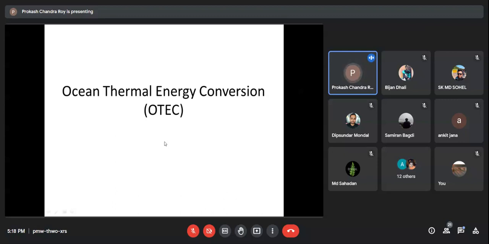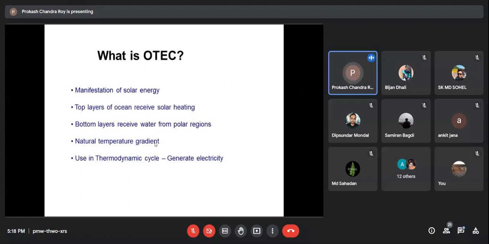And if you consider a lower level, say 100 meters from the surface, there will be a certain difference in temperature. That difference may be say 30 degrees or 20 degrees. So there is a temperature difference between the two layers, and that temperature difference can be utilized to run the thermodynamic cycle.